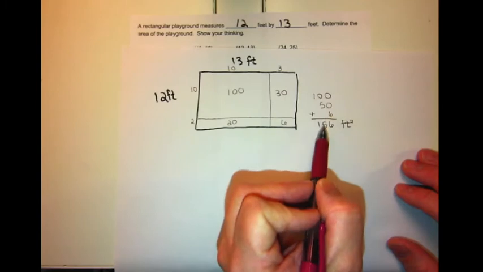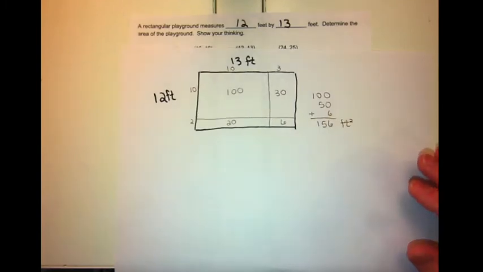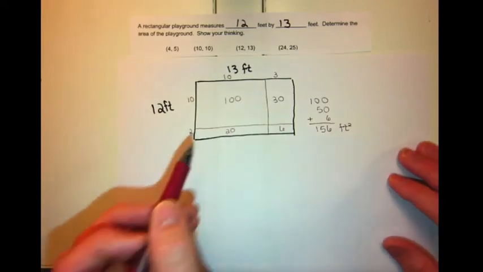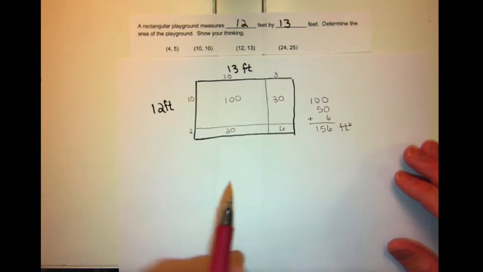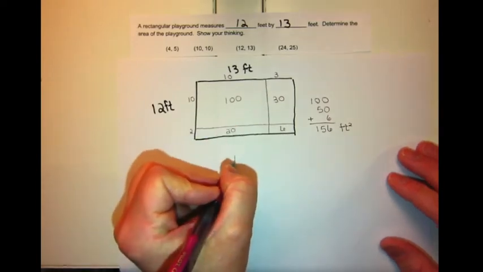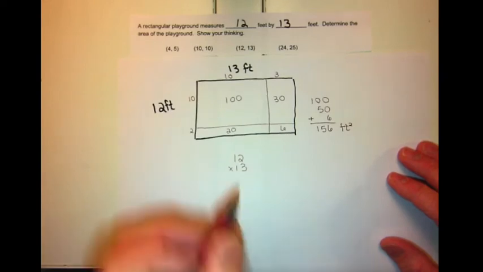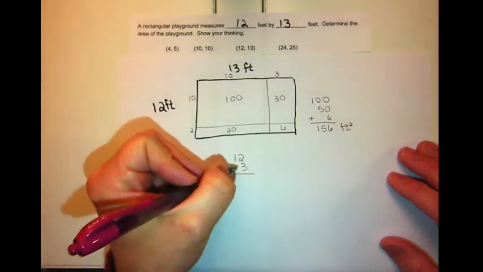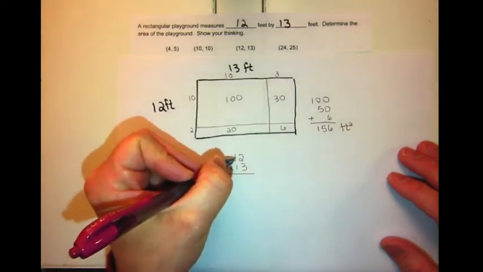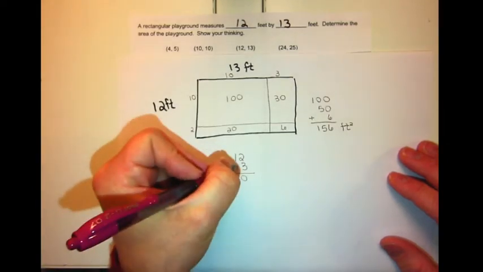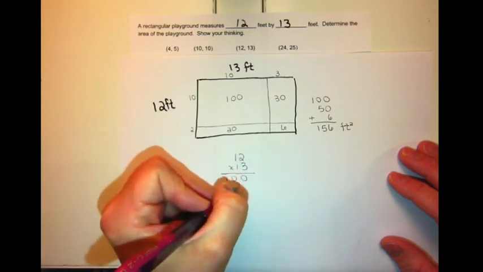This part over here is what's known as partial products. This is how you develop the concept of partial products, so that in the abstract we could take 12 times 13 and think of it in terms of the 10 times this 10 is 100. 10 times 2 is 20.